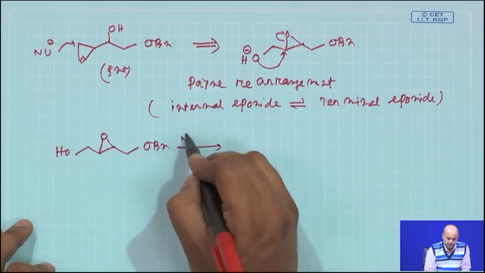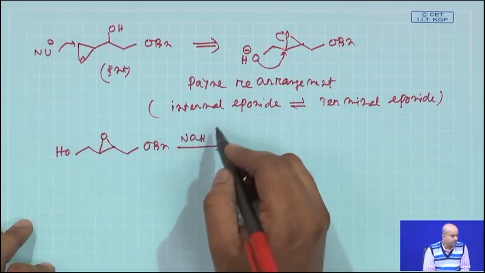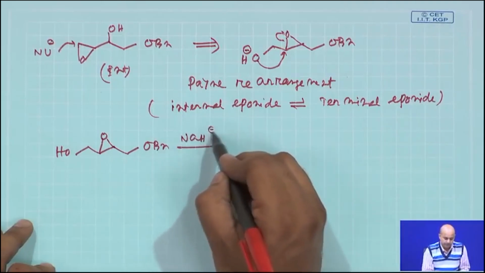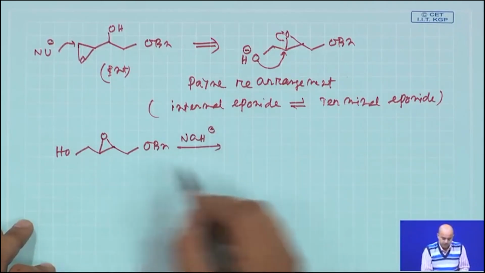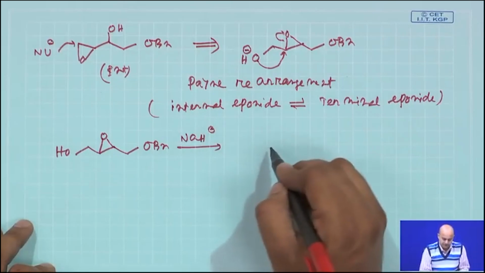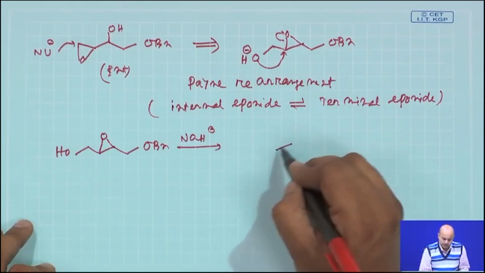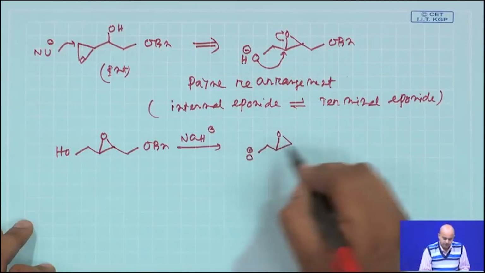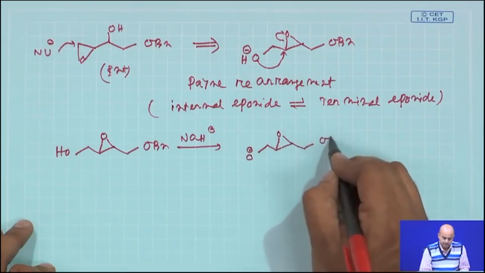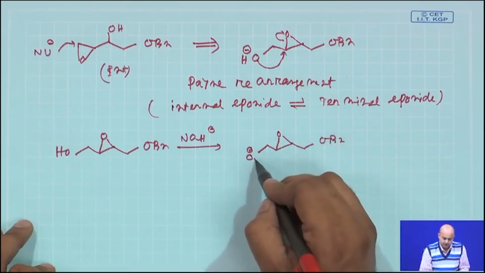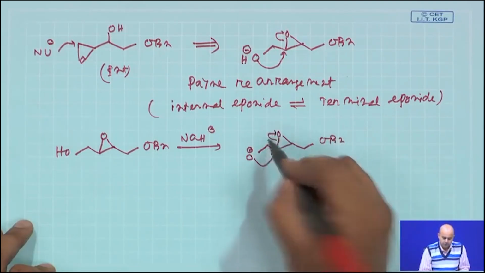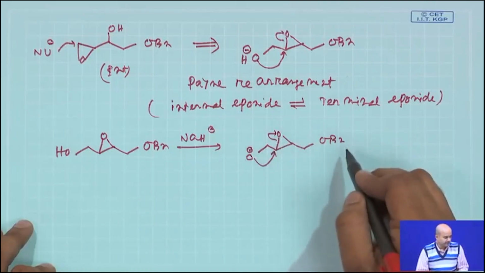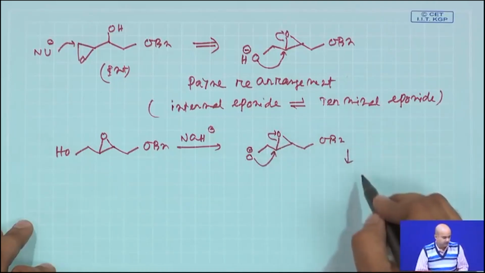So, first we take one equivalent of sodium hydride. Sodium hydride is usually used as a base, initially, that will give you this alkoxide. As I said, this undergoes an intramolecular attack to open up the epoxide in this particular fashion.